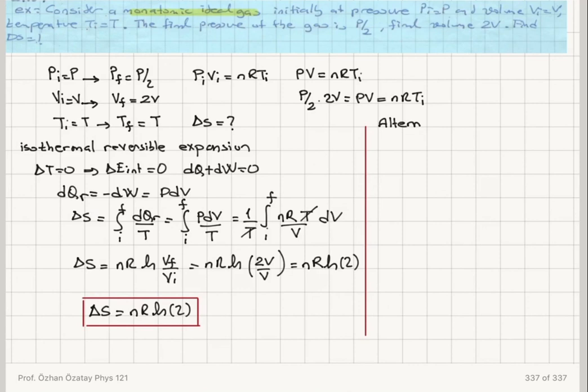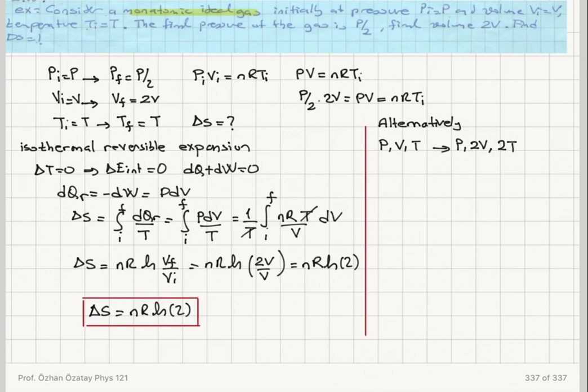What I'm going to do is, first I will go from P, V, T to P, 2V, 2T, because PV is equal to nRT.